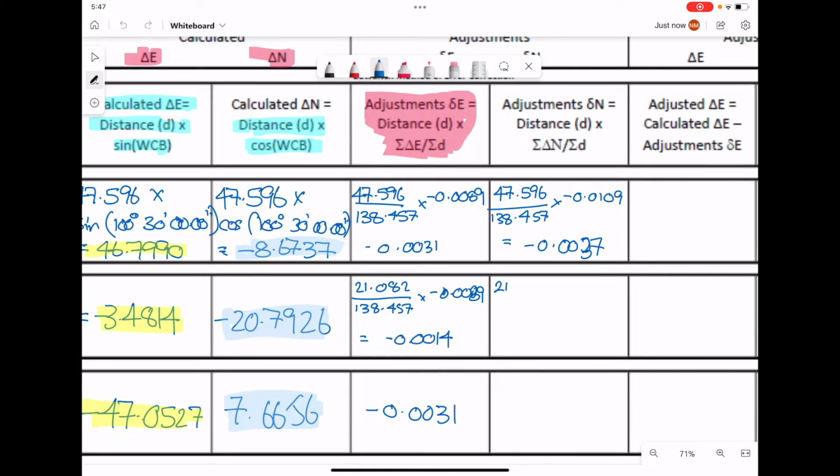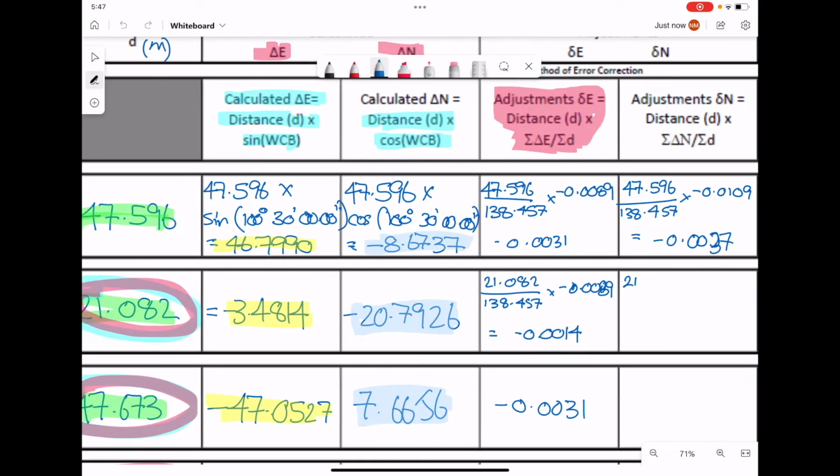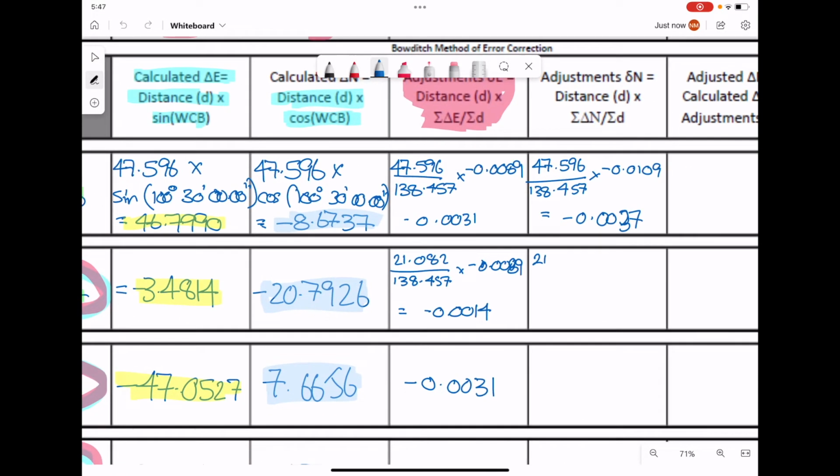For the next row, repeat again, updating the distance for this part of the traverse. The distance in this case, 21.082. Divide that by the total distance and multiply that by the total of delta N, minus 0.0109. The adjustment in this case is minus 0.0017.